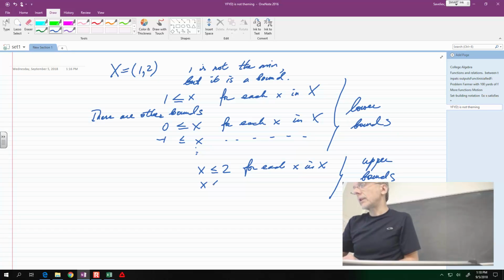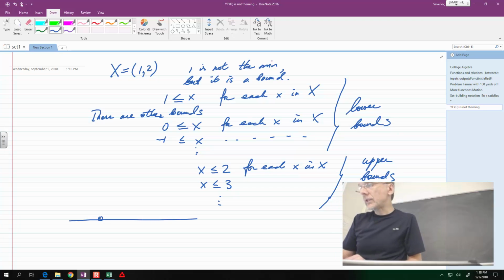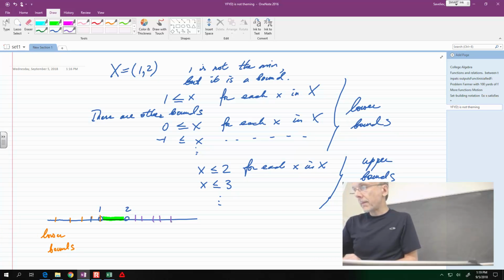So x is less than or equal to 2, x is less than or equal to 3, and so on. We have a bunch of upper bounds. If you look at this set, which runs between 1 and 2, then any number to the left of 1, including 1, is a lower bound, and the upper bounds are these.